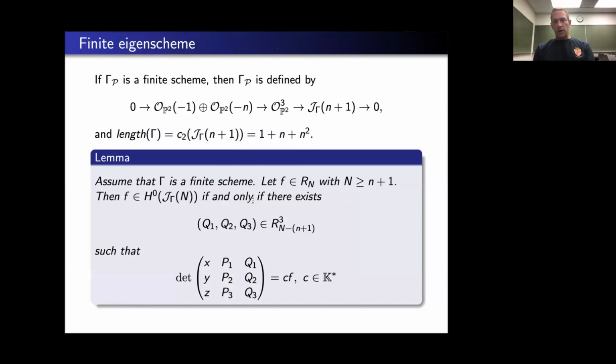So this is where I said eigenschemes are going to be related to Sato's criterion. Suppose that we do have a 0-dimensional scheme, and I'm going to take some polynomial of degree n plus 1.